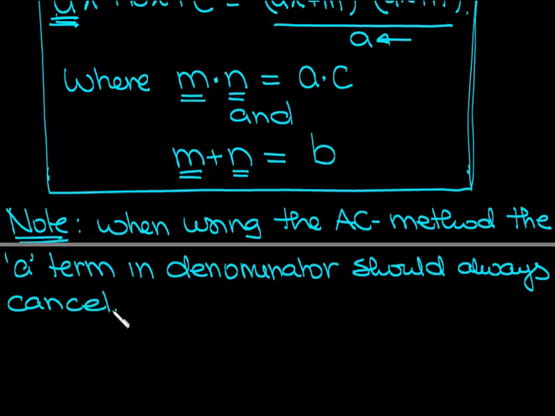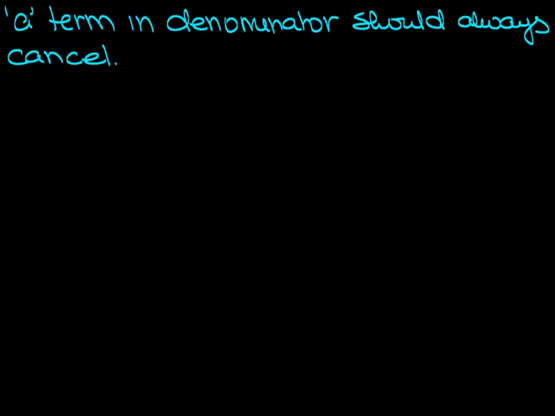I'll show you what I mean by that. That should always happen. There shouldn't be an a left in the denominator, even though we start with 1 in the denominator. So let's take a look at some problems that use the AC method.